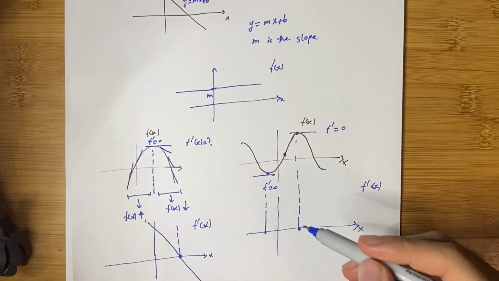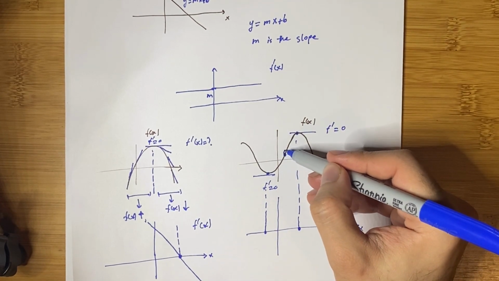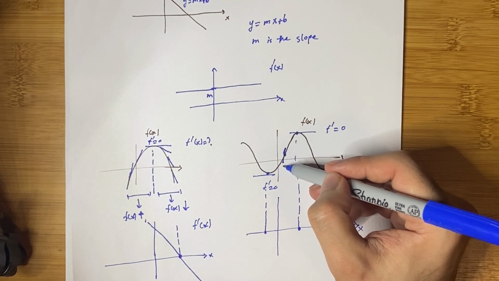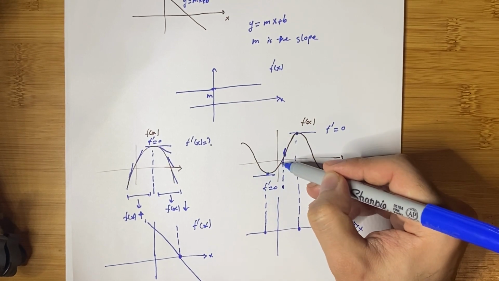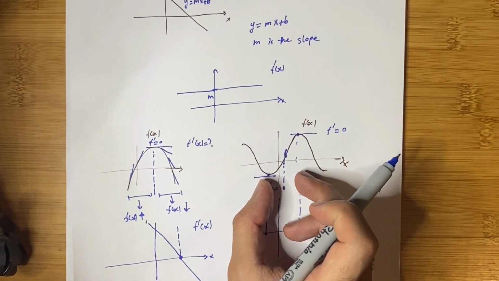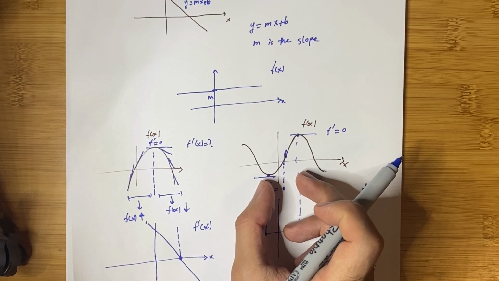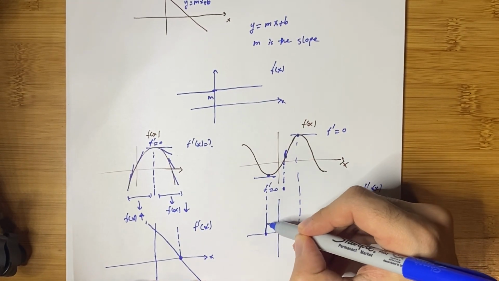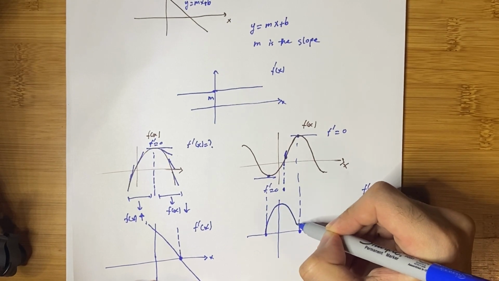From this point, we notice that the slope is the steepest, so this will be the highest point. And since f of x is increasing over this interval, the derivative will be positive. So it's going to be something like this.